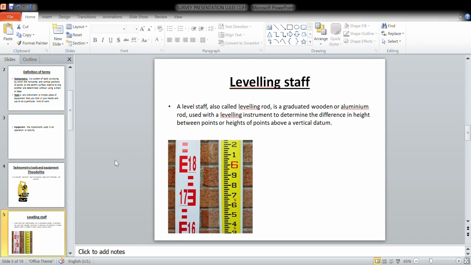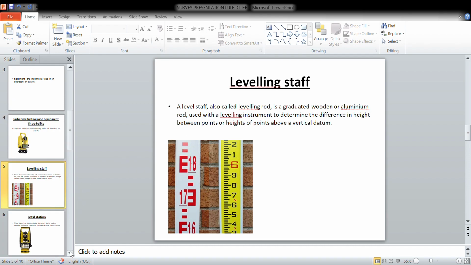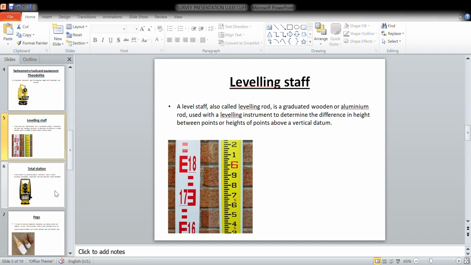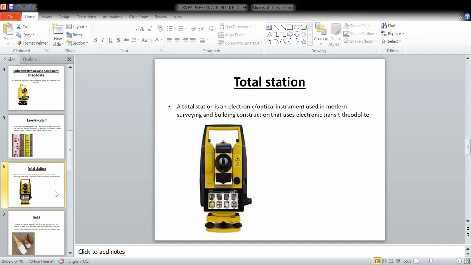Having defined the theodolite and the leveling staff, we have to define the term total station. A total station is an electronic or optical instrument used in modern surveying and building construction that uses an electronic transit theodolite.